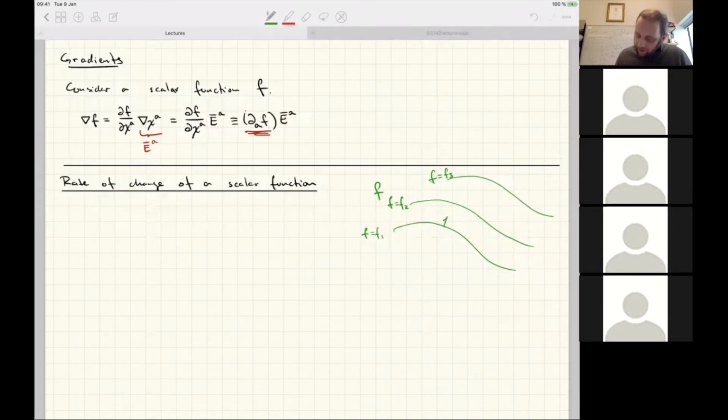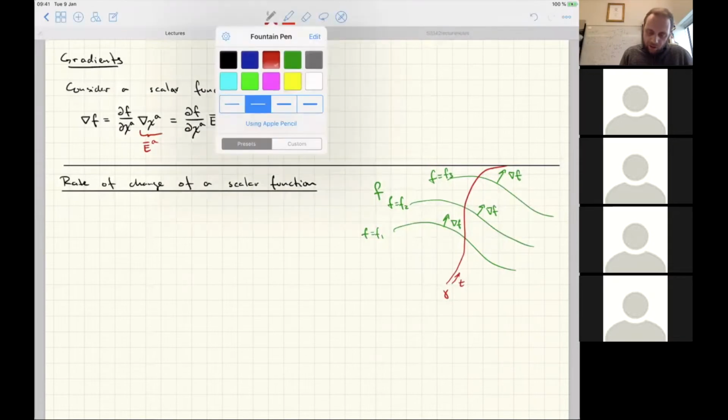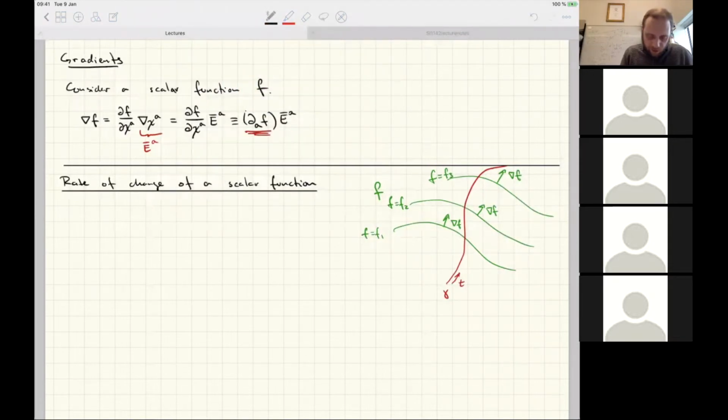Then you know that the gradient of f is essentially these vectors. And then we take some curve like this, gamma, with some curve parameter t. And I want to know how f depends on t.